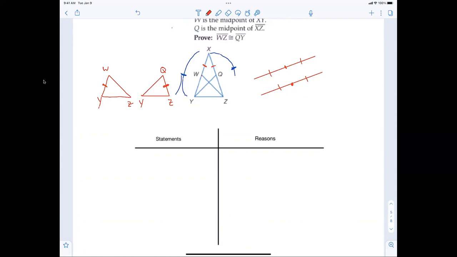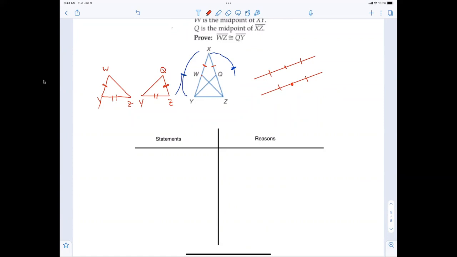So what else is true? Or YZ compared to YZ? Yeah, YZ is congruent to itself. What else is true?